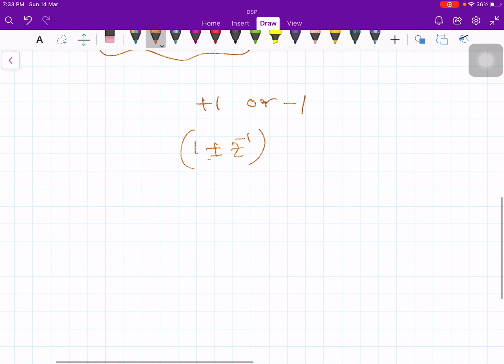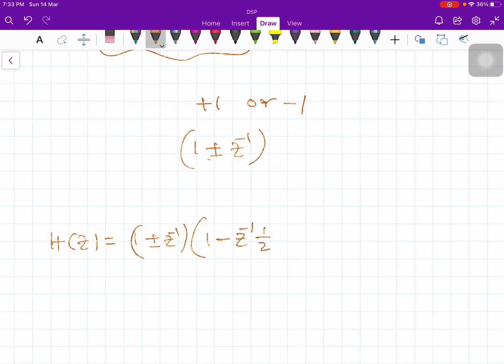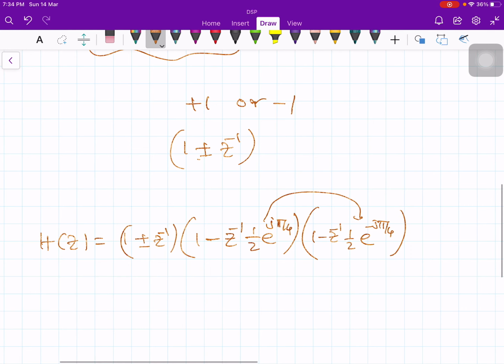So your transfer function is going to be 1 plus or minus z inverse, multiplied by 1 minus z inverse 1 by 2 e to the j pi by 4, multiplied by 1 minus z inverse 1 by 2 e to the conjugate of this, minus j pi by 4, and then the reciprocal of this.